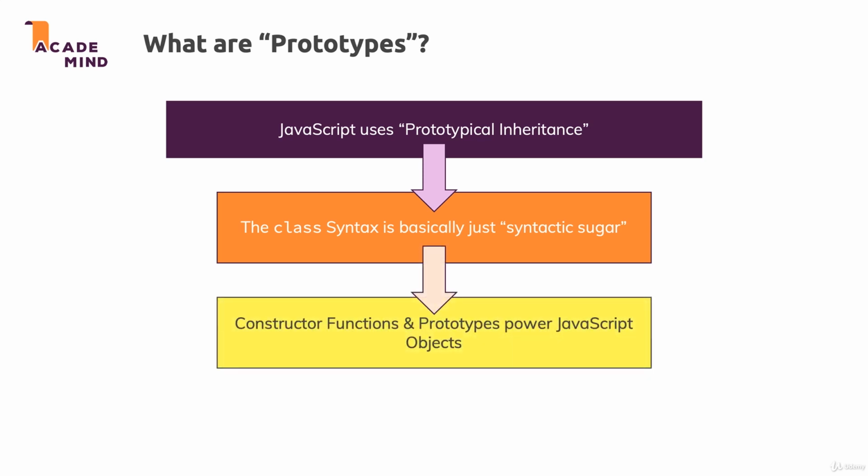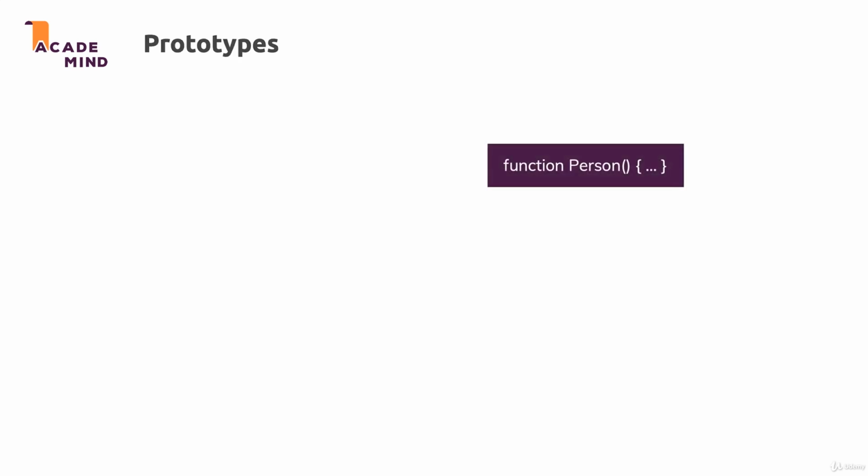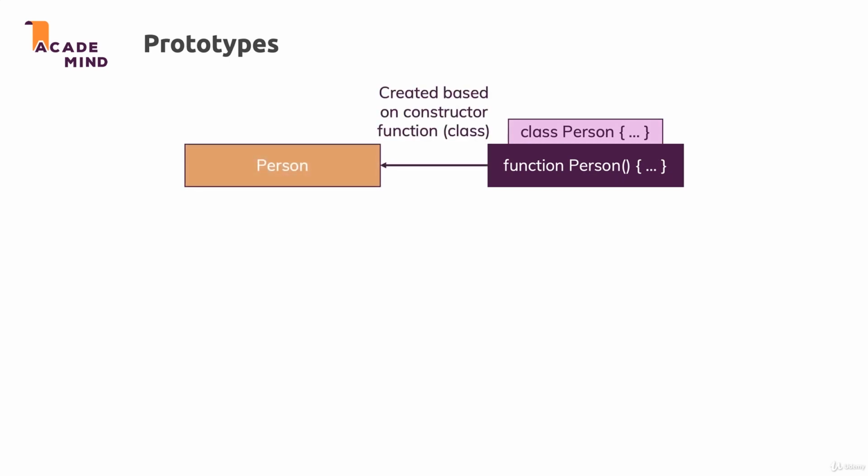So constructor functions and these prototypes power JavaScript objects. But what are prototypes then? Consider this constructor function, as I just explained it, a function which we can call with new. The equivalent, roughly, would be such a class, where we then build a person, a concrete object, by calling that constructor function with the new keyword.